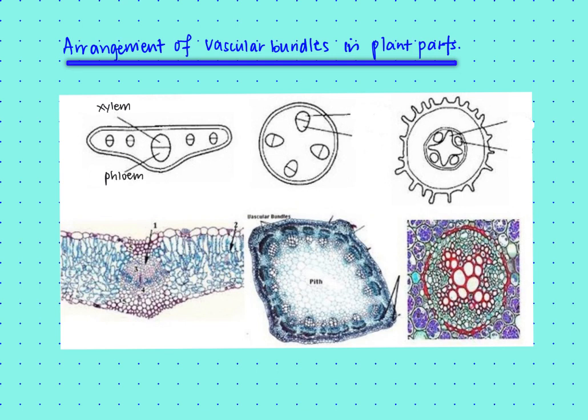In the previous part of the video, you already realized that it's within this portion here. For the stem, the vascular bundle is arranged in a circular manner, with the xylem inside, nearer the center, and the phloem on the outside.